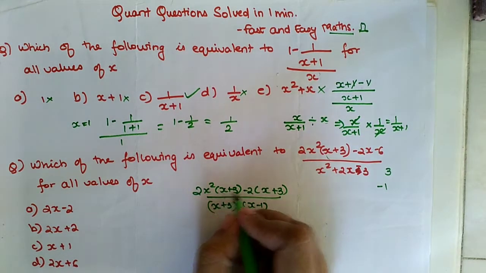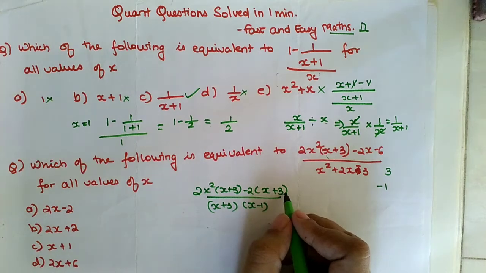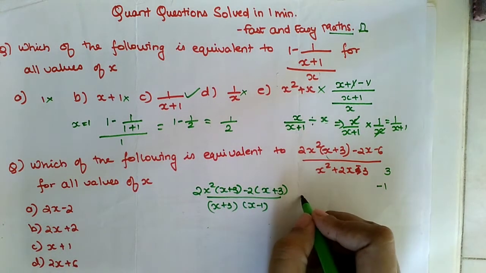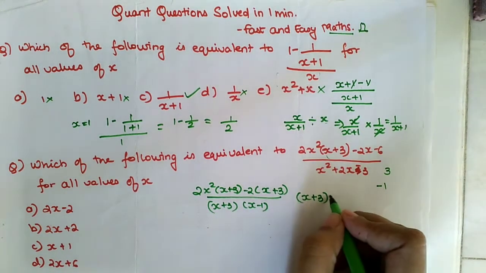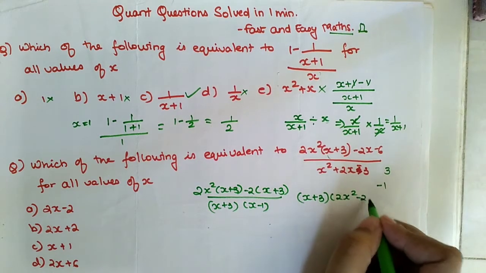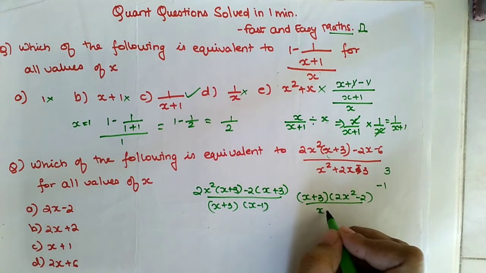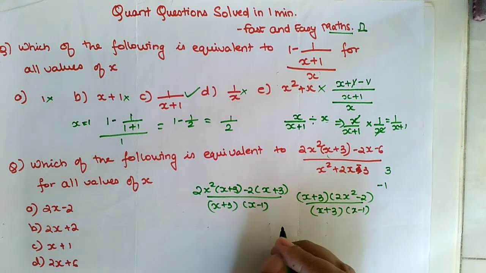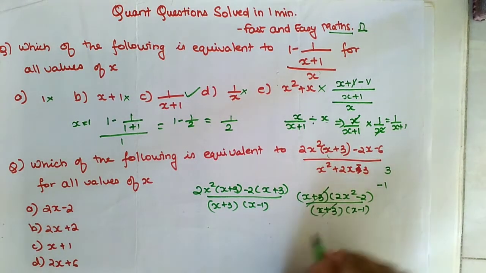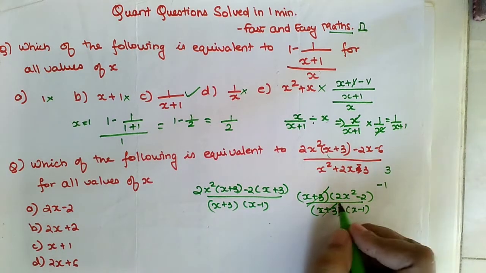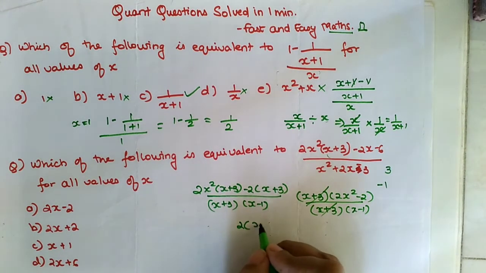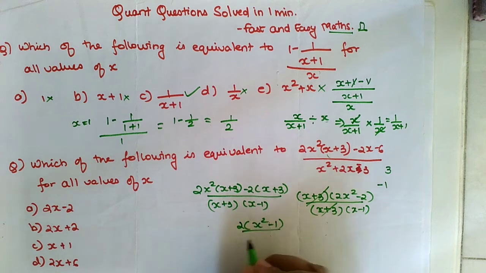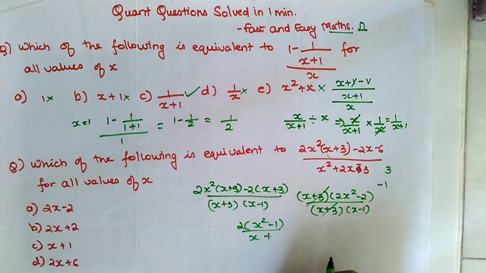So can I say from the whole thing I can take x plus 3 common. Then I'm left with 2x square minus 2 upon x plus 3 and x minus 1. So now can I say this and this will get cancelled, and out of this 2 can be taken out. So x square minus 1 upon x minus 1.